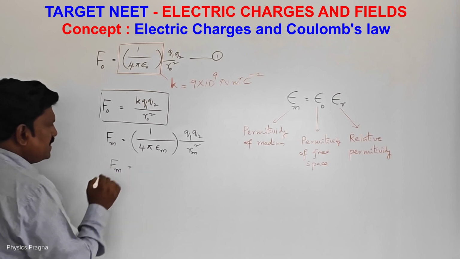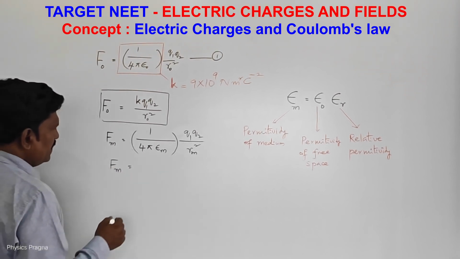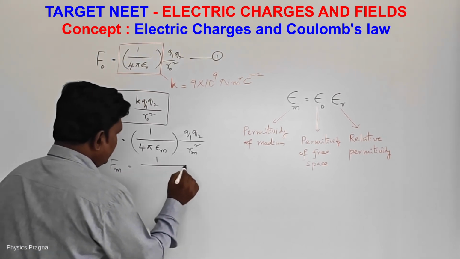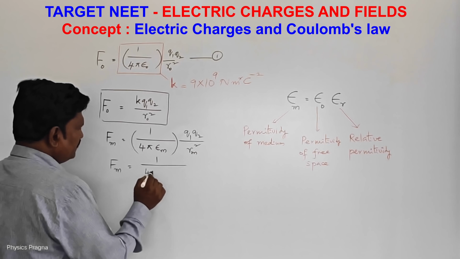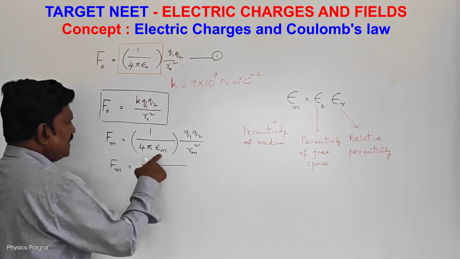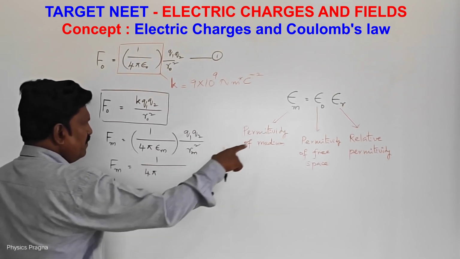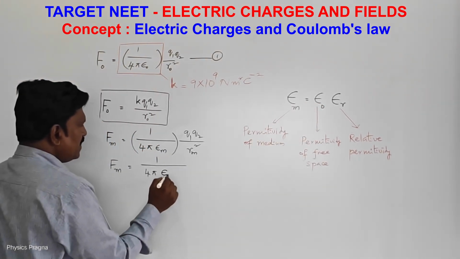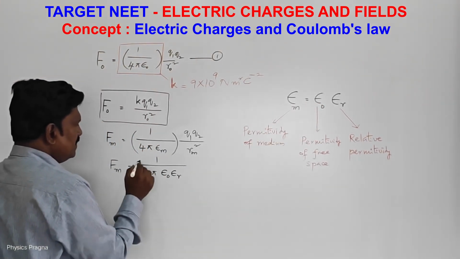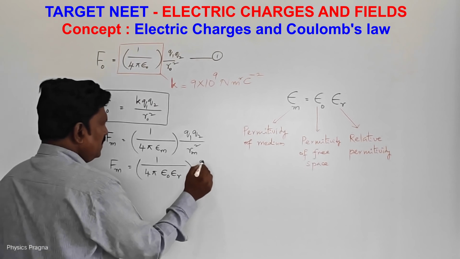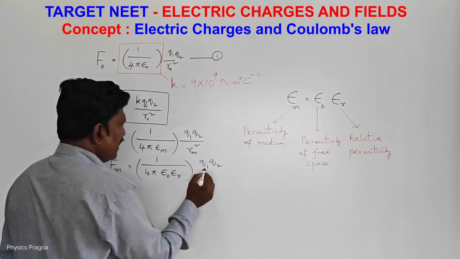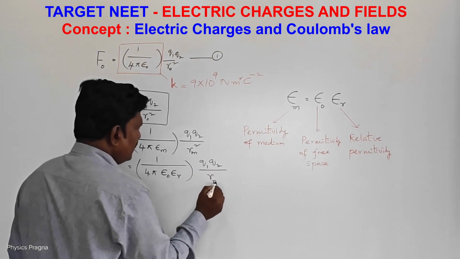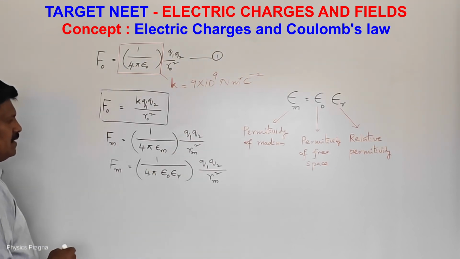So see, here we can write like this: the force between the charges when some medium is there between the charges, 1 by 4 pi, this is the permittivity of medium, so in this place I can write epsilon naught epsilon r into q1 q2 by r medium square.